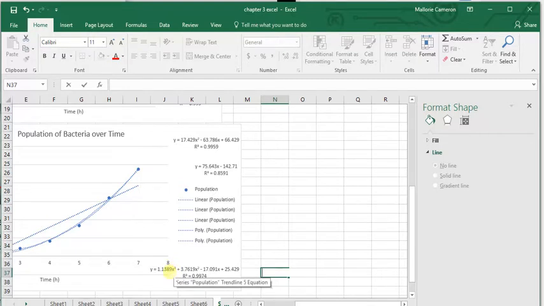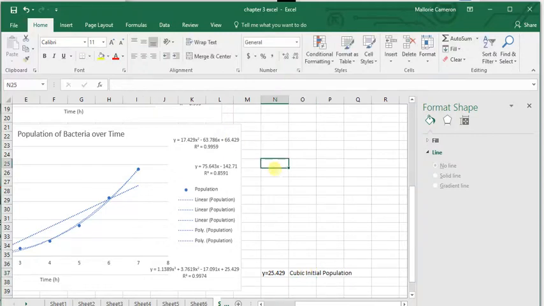So the x cubed will go to 0, this will go to 0, this will go to 0. So y equals 25.429 would be the initial population for this cubic. And then for the linear initial population, y equals negative 142.71. And then for the quadratic, 66.429.